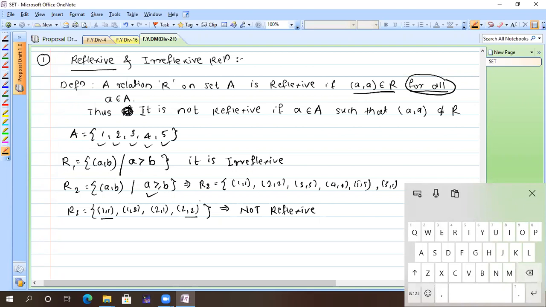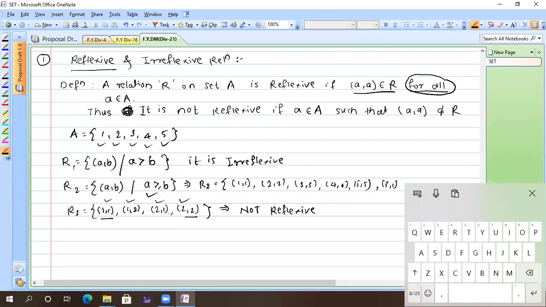Any doubts in that? Sir, can you tell me R3 again? R3 is very simple. Suppose we have some relation, and using that relation we are getting only these 4 elements in R3. Is this reflexive or not?